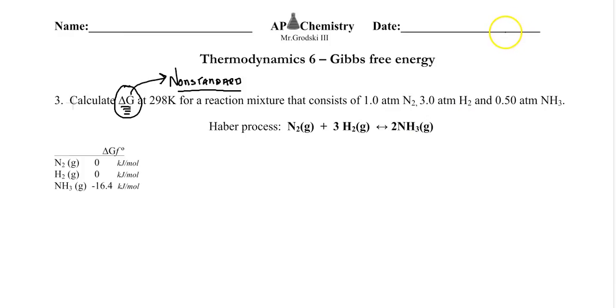It's going to be relatively hovering around the zero that we just talked about in the last problem. If you notice in this reaction, what we're going to have to do is solve for the non-standard delta G. This non-standard delta G that we've learned means that we take delta G, not zero here, and we're going to equal it to standard delta G that we get from tabulated values.